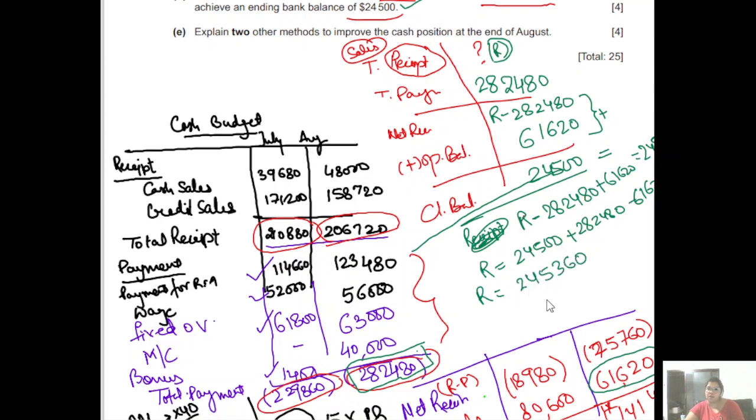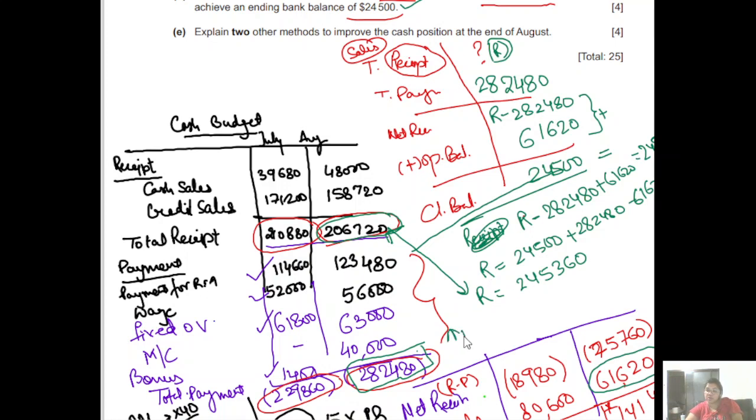Now the question is how much they increase. Earlier your total receipt was this much, 206,720. Now if the person wants this much balance, then the total receipt is this much. So how much does it increase?